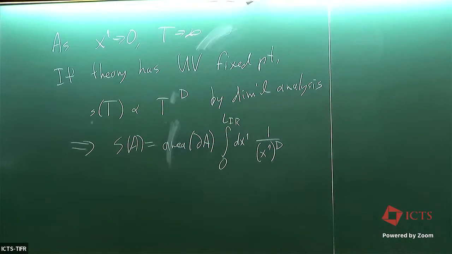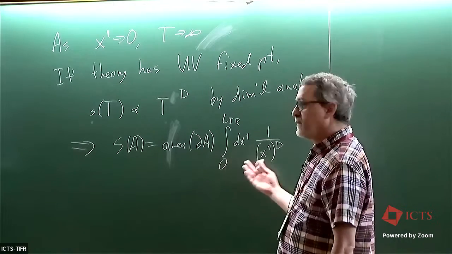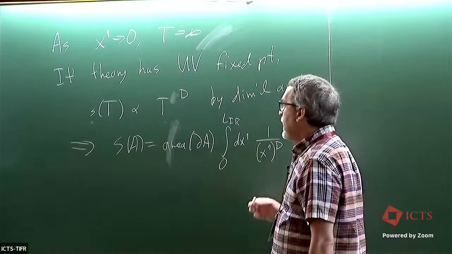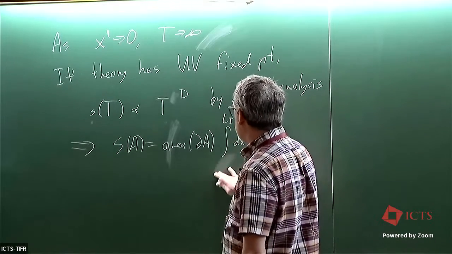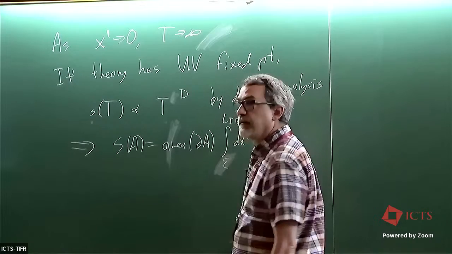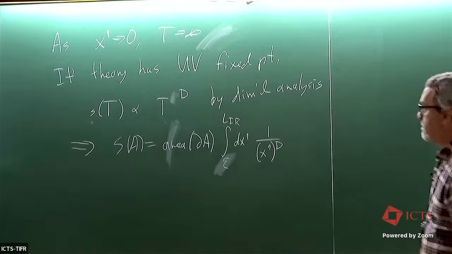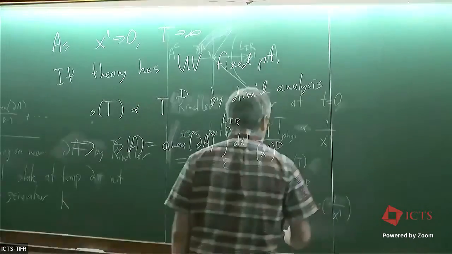And there's our UV divergence, because this integral doesn't converge. So I better introduce a cutoff, a UV cutoff scale. And that's the origin of the divergence from this viewpoint.